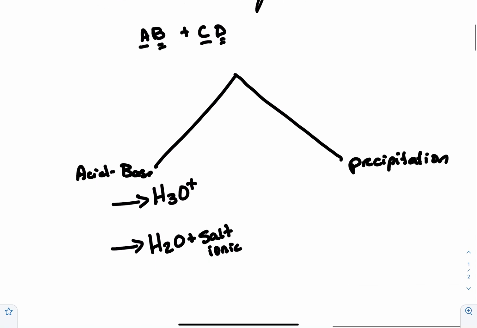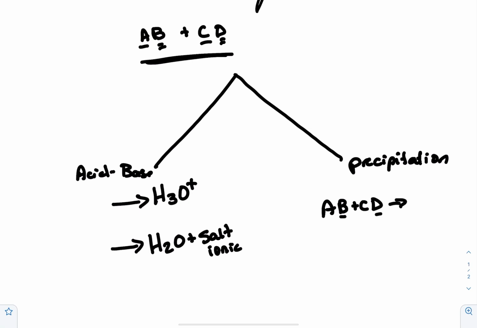So that's when you do one of these reactions, and if I did that one as a double displacement, my B and my D are going to switch spots. So it's AD plus BC. But what would make it a precipitation reaction would be that it would have an S in there, because it means I made a solid. So that's a precipitation reaction.